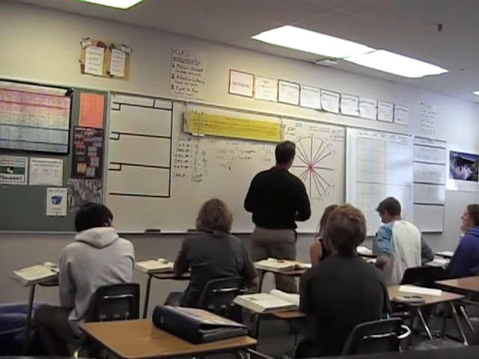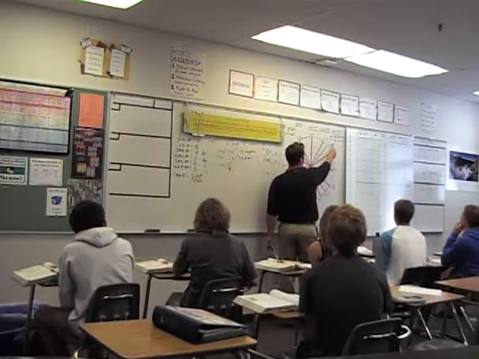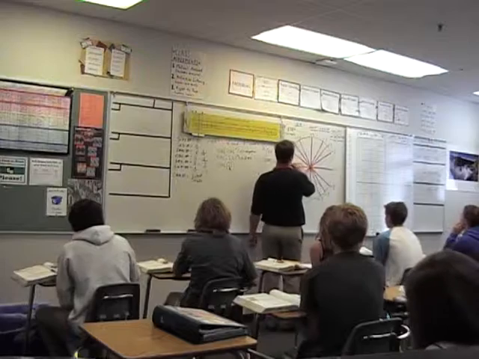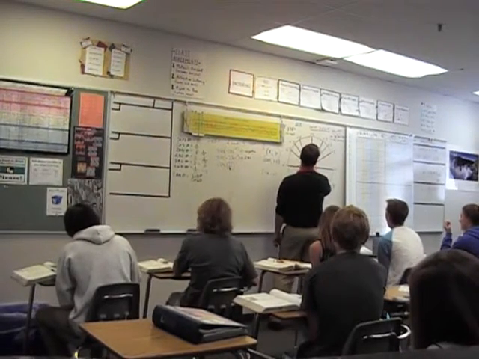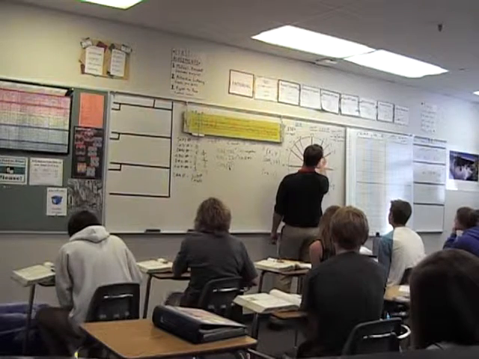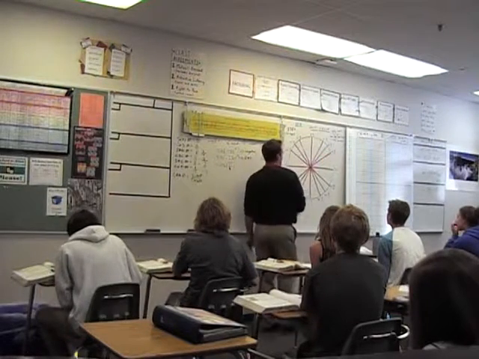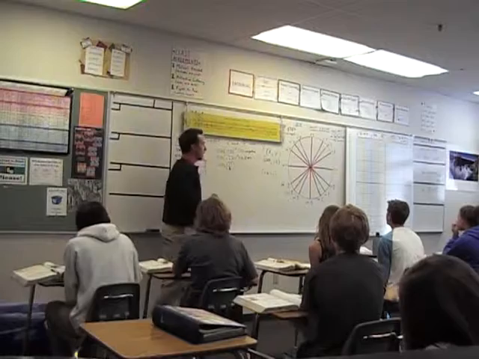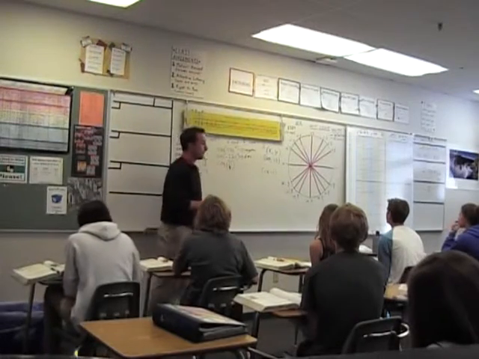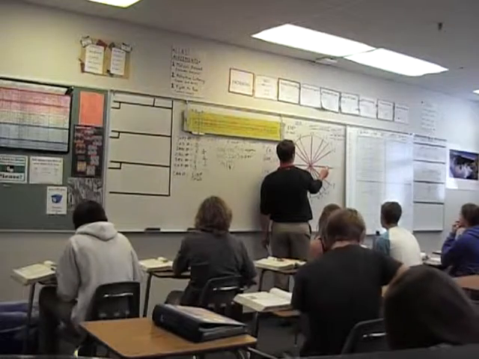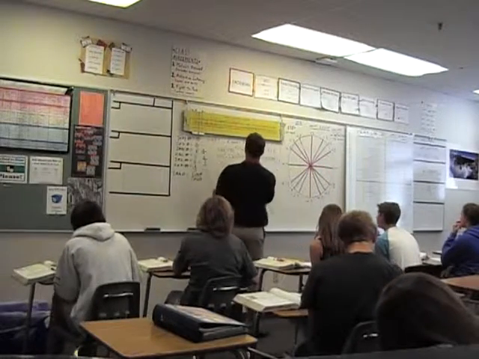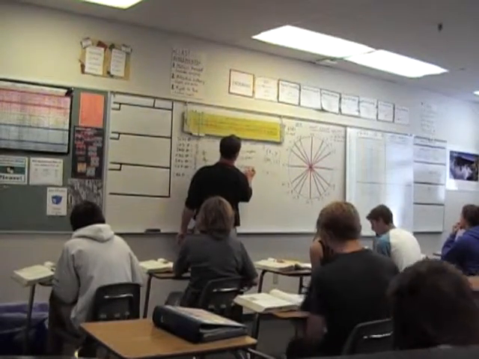Here it is right here, pi over 4. Pi divided by 4. 180 degrees divided into 4 sections, right? 1, 2, 3, 4. So pi over 4. Is my cosine related to x or y? X. Is my x positive or negative at this point? Positive.